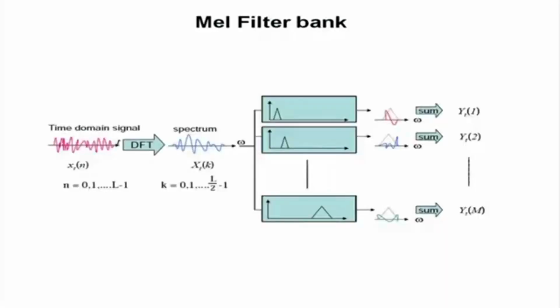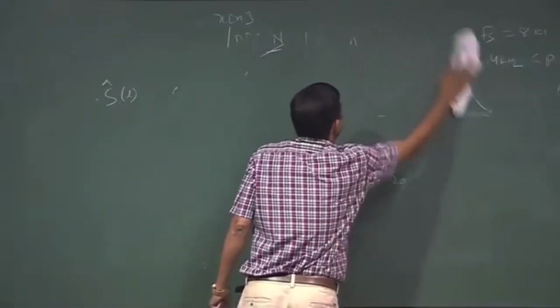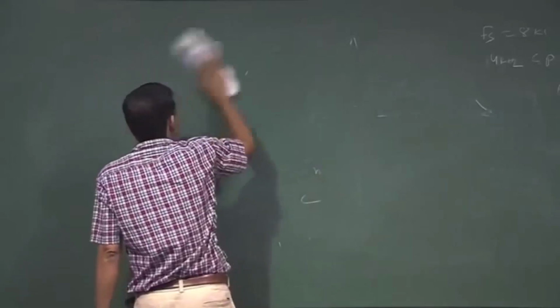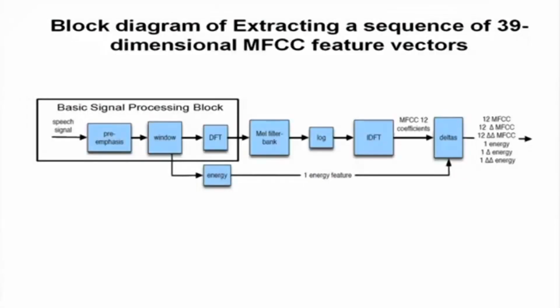Now, how do you design those things? What should be the block diagram? I am describing the complete block diagram of MFCC. The basic signal processing blocks remain the same: pre-emphasis, windowing, DFT.